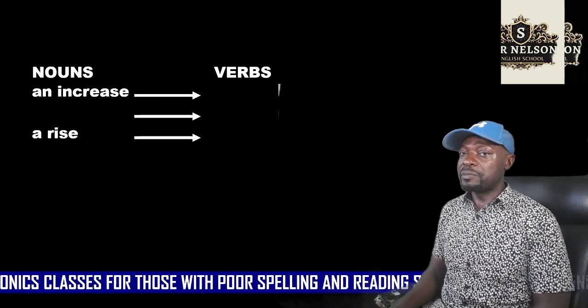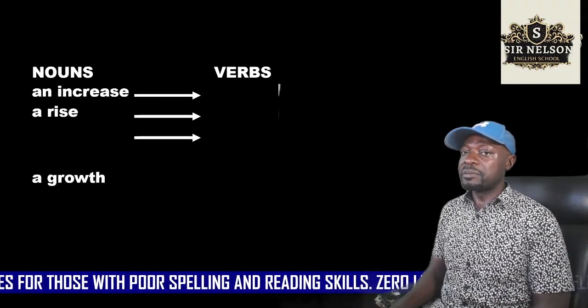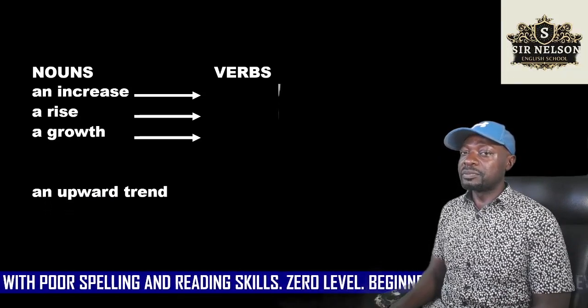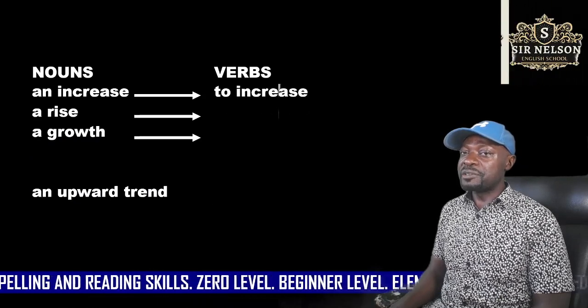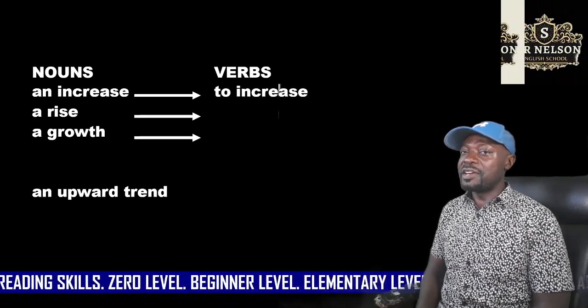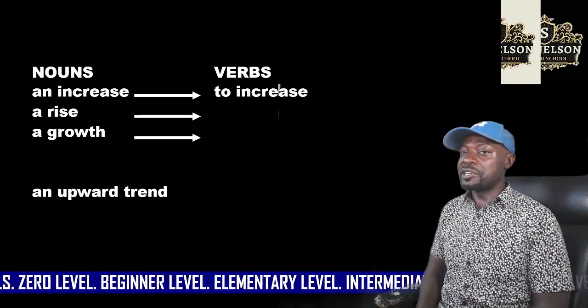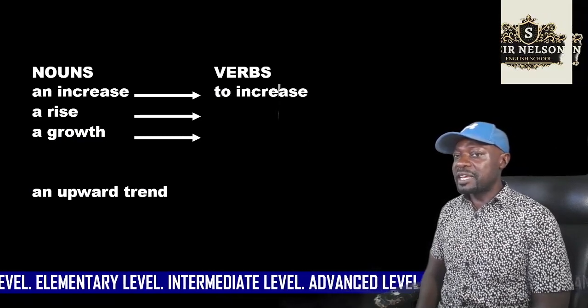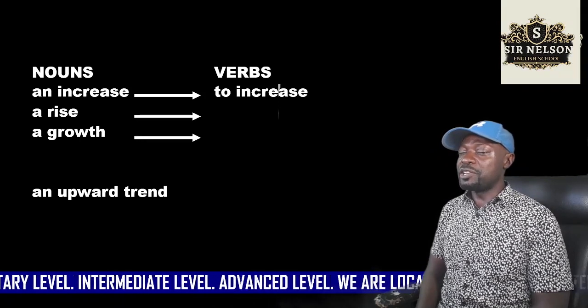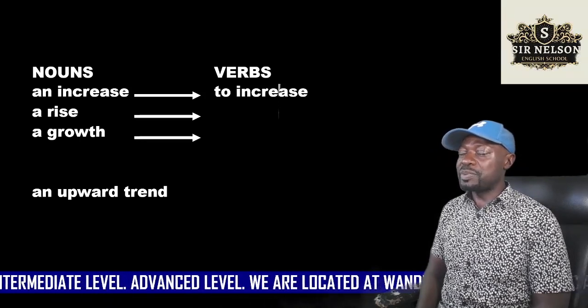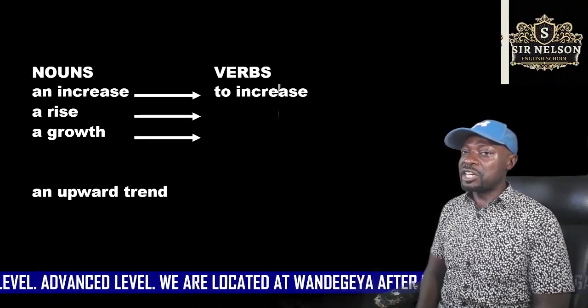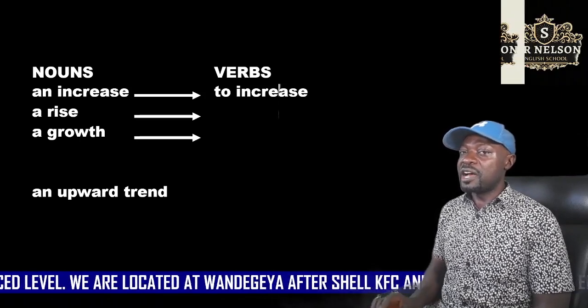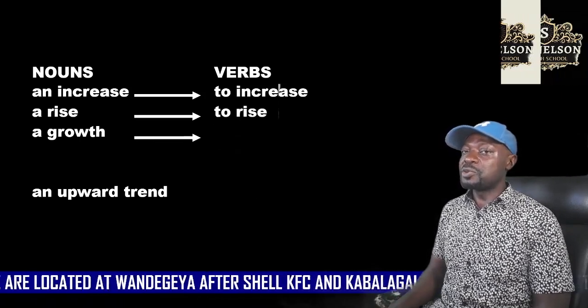For example, I want you to notice that the noun is an increase. The verb, increase. It is the same word, but when you add the article, it becomes an. An increase, to increase. A rise, to rise.